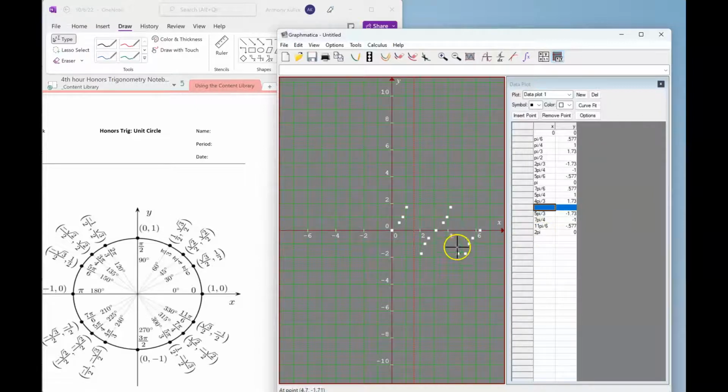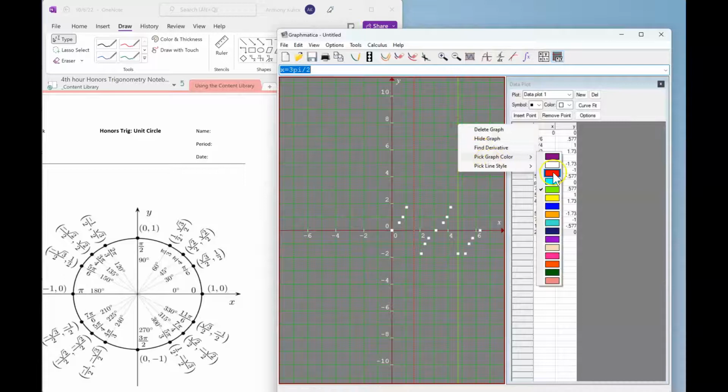I don't know why that's there. It shouldn't be there. This guy right here, go away. Why are you here? I don't have anything at 3 pi over 2 on my list anymore. Why is that still there? It's making me really angry. I don't understand why it's there. I apologize. You need to ignore it. It's invisible. Pretend you can't see it. Go away!